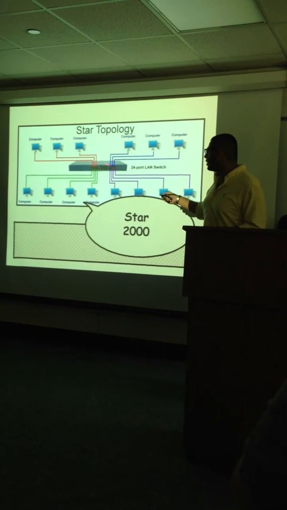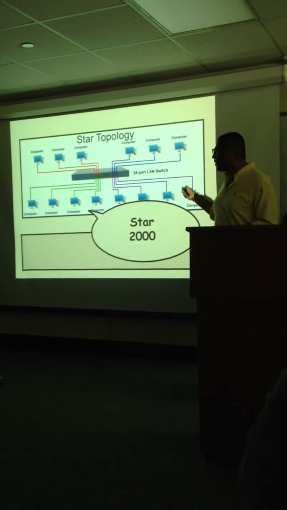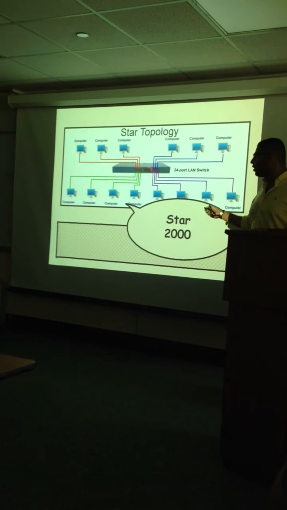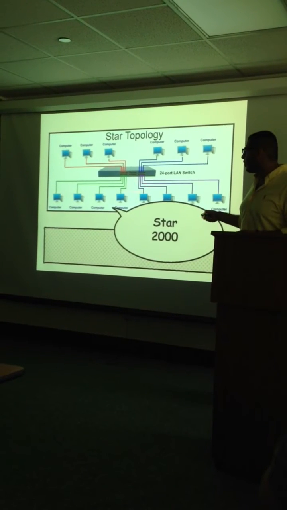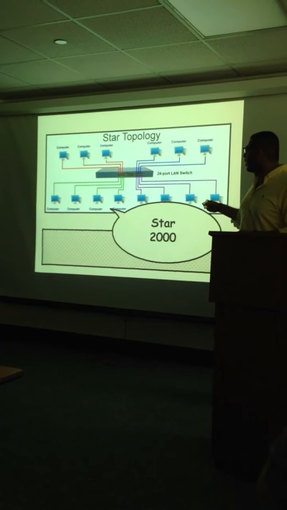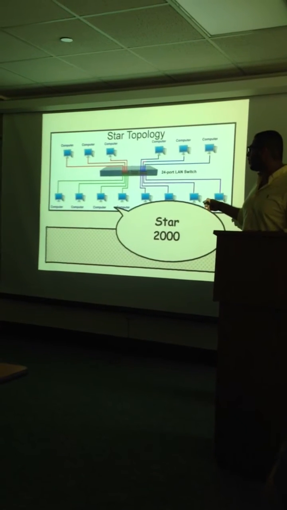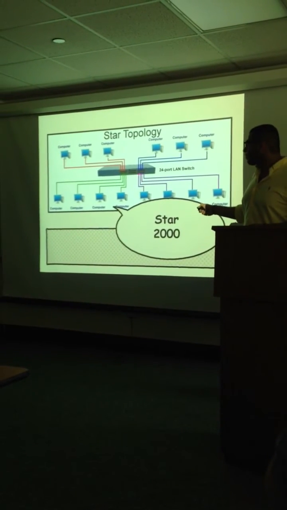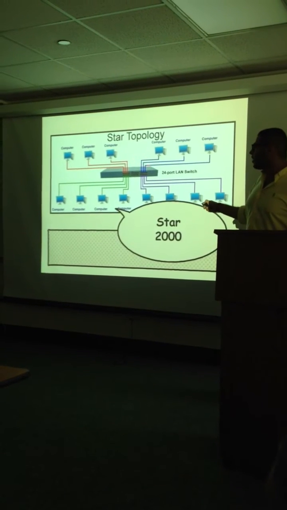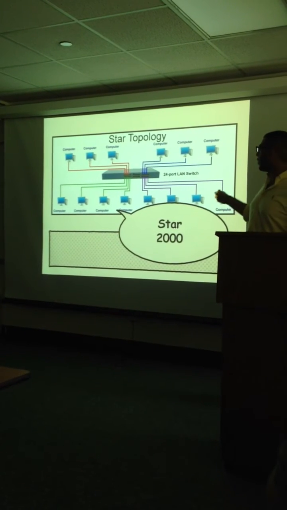In this topology, every three or four computers are connected to a switch. The switch is connected to the hub, and the hub connects these computers to the switch. But if the hub goes down, all three computers go down with it.